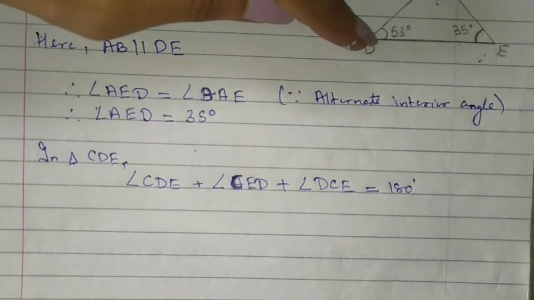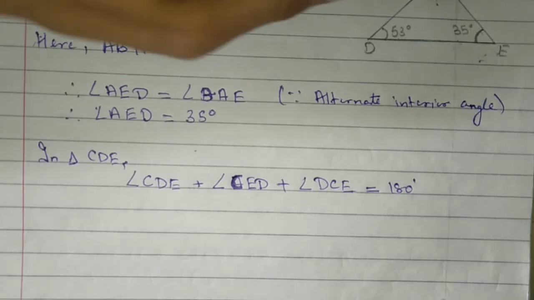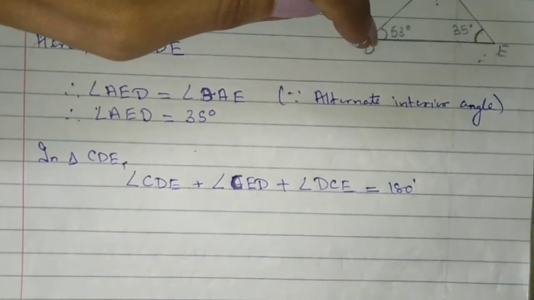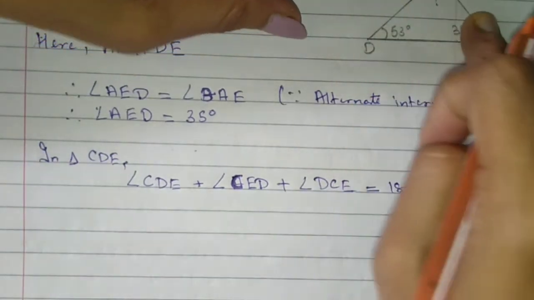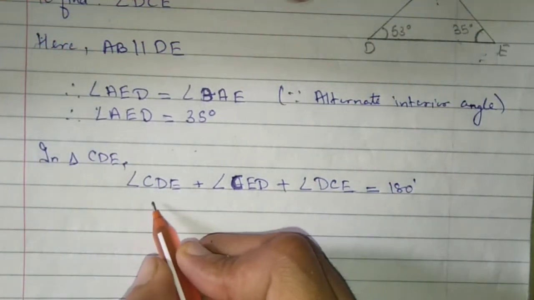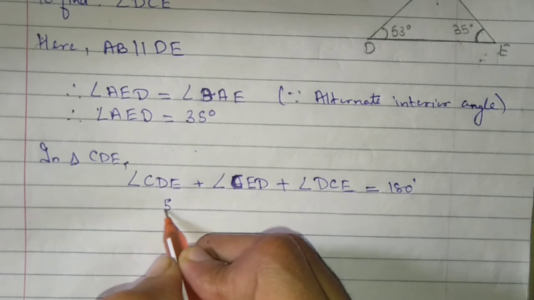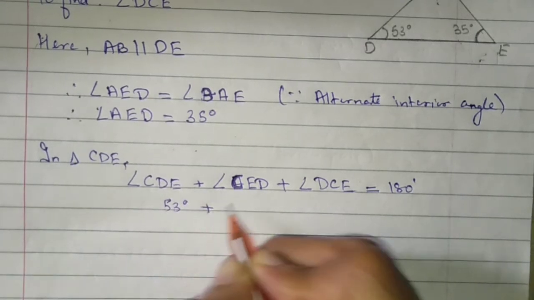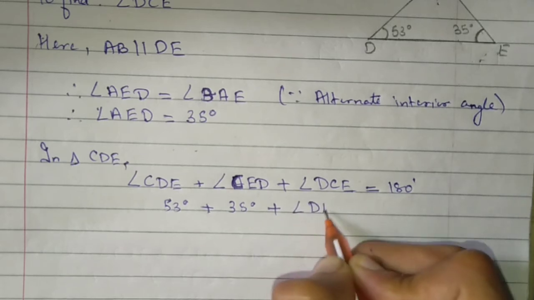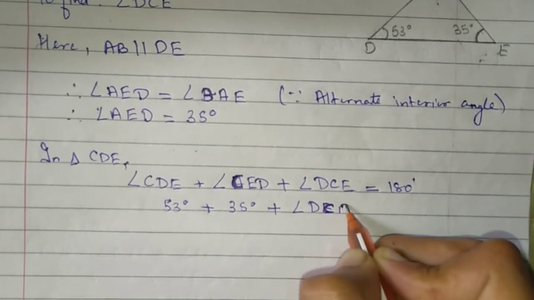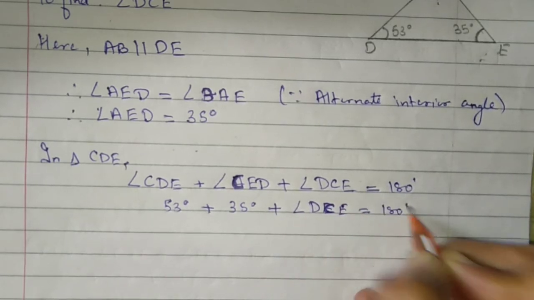Now CDE is 53 degree plus CED is 35 degree plus this angle we have to find out, equal to 180.